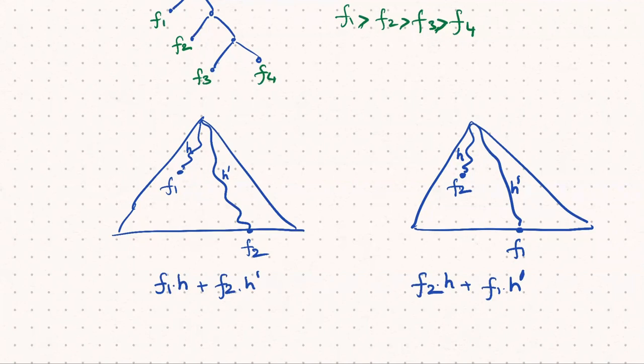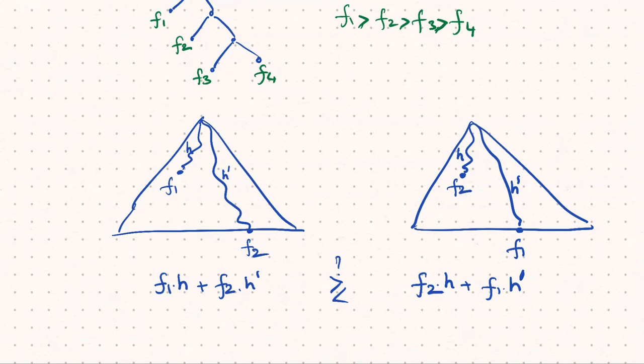We have to see which one is greater, whether this is greater than that or less than that, because everything else remains the same. Whichever term is the least, that tree would have lower cost. So which one is lower?